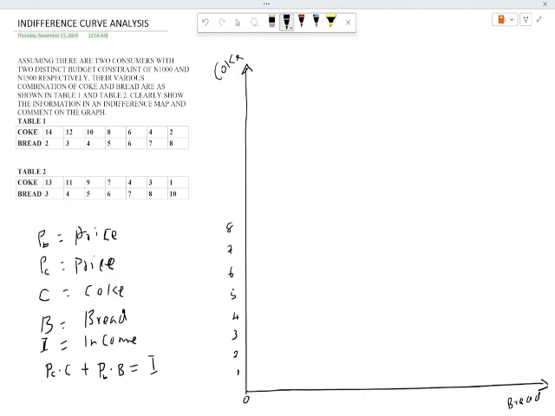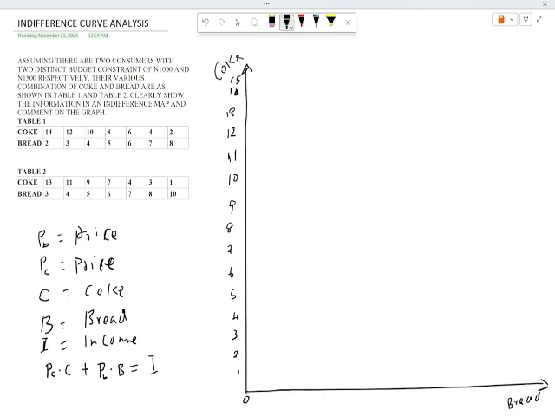You understand? 10, 11, 12, 13, 14, maybe 15.